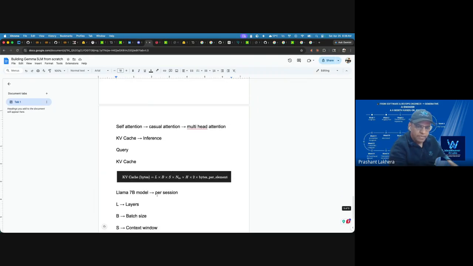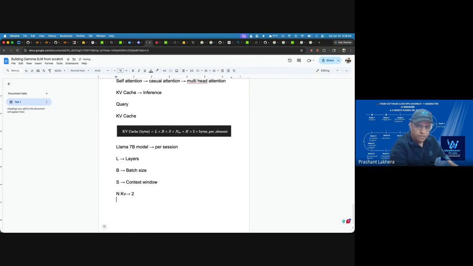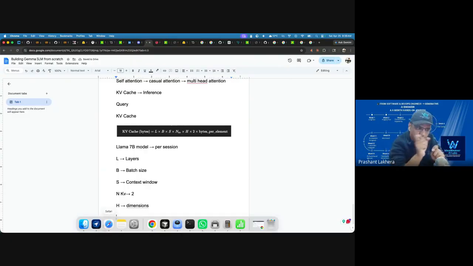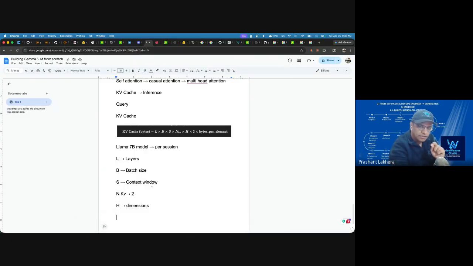So we make it 2. Then there is a parameter called H. H stands for dimensions. We have seen the dimension, like the number of characteristics. We need to define it like this. Then we have 2. The reason we have 2 is because we are capturing it for key and value. So that is why this 2 is coming in.